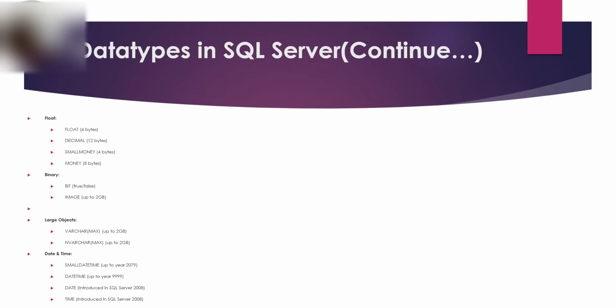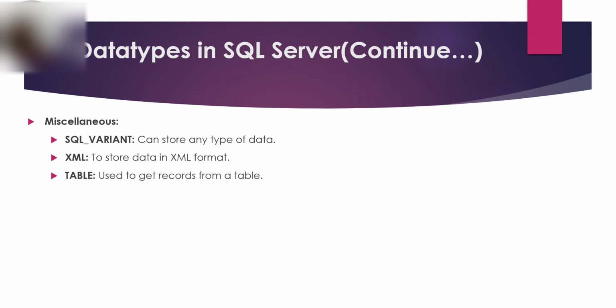Datetime also has different subtypes like smalldatetime, date, and time. There are also miscellaneous data types like SQL variant, XML, and table. SQL variant stores any type of data. XML is used to store data in XML format. Table is used to get the records from a table.